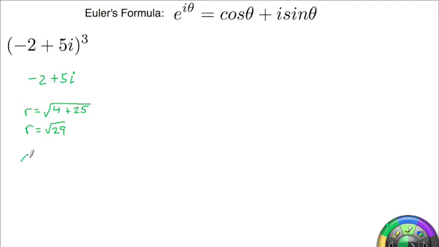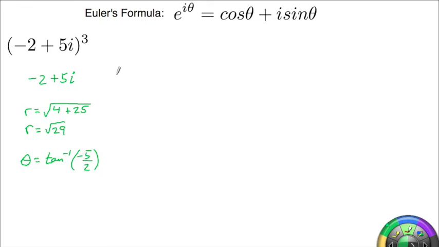All right, now theta is going to equal tan inverse of negative 5 halves. It'll be b over a. And I always put the negative with the top number. It really doesn't matter. So 5 over negative 2, same thing as negative 5 halves.